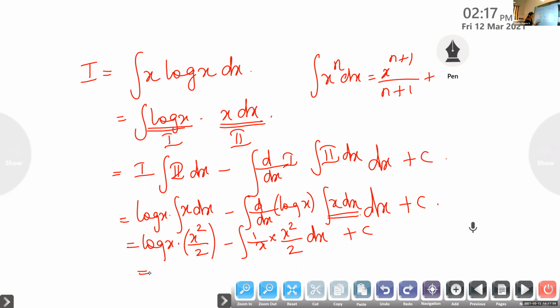Don't combine this x with x squared by 2. This is log of x, okay? So it is x squared by 2 log x. Now tell me, Anila, next step. Yes, tell me, Anila Mohanan.